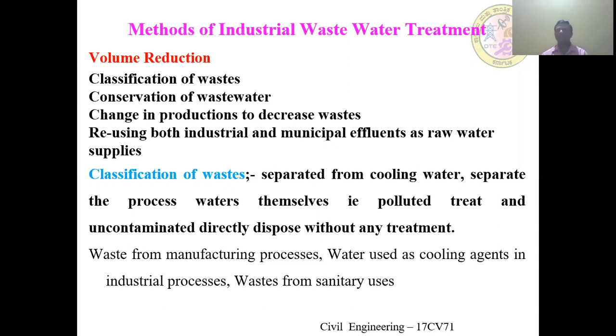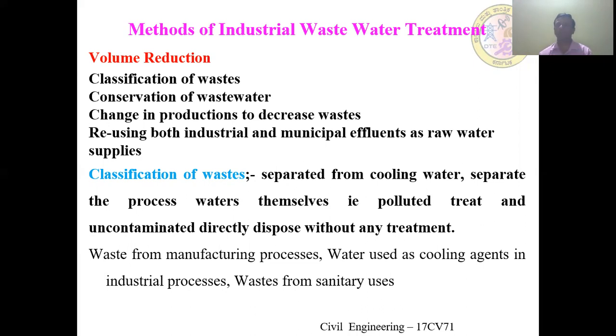As I mentioned earlier, industrial wastewater contains different characteristics depending on the type of wastewater originating. The first method we'll discuss is volume reduction. That means at the beginning only we are going to reduce the volume of the waste which is going to originate.